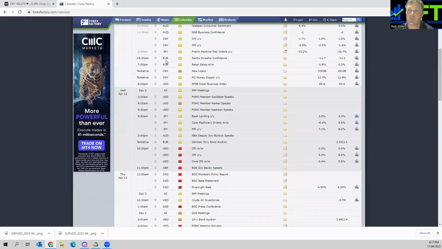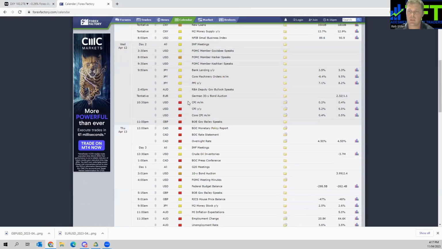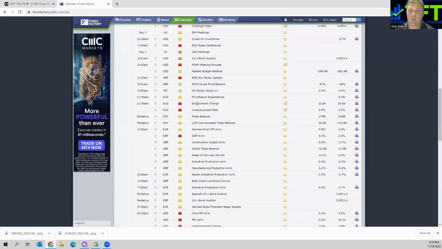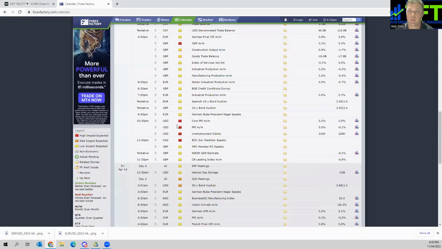So today, pretty good. No red news in there to be seen. But this week, on Wednesday we've got the CPI numbers month on month, year on year, and the core CPI coming out. We then have a repeat of that Thursday night: core PPI month on month and unemployment claims.